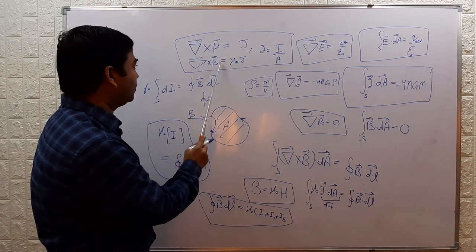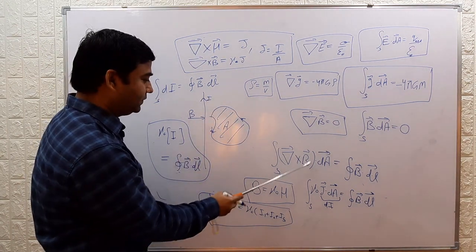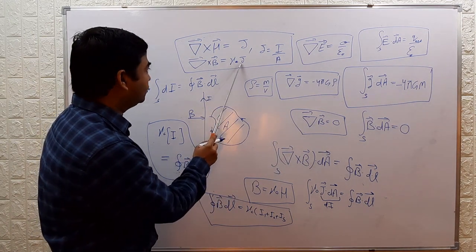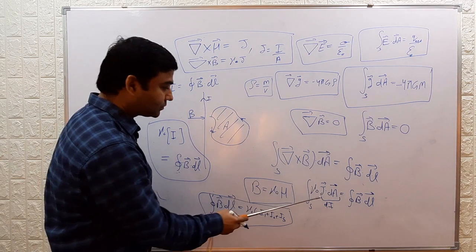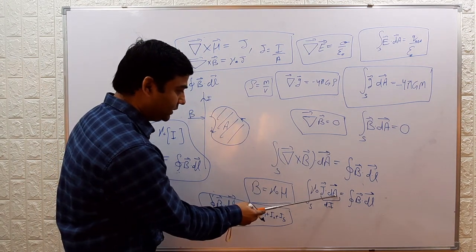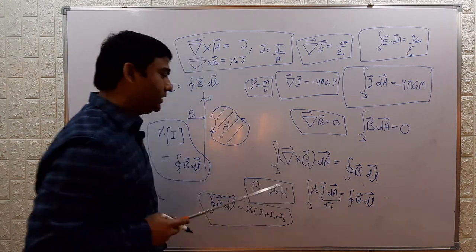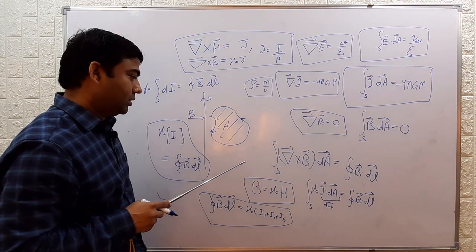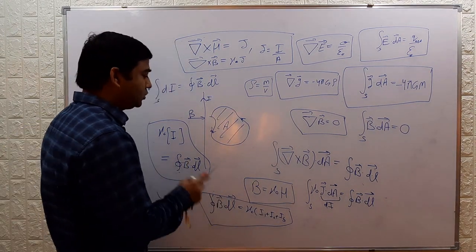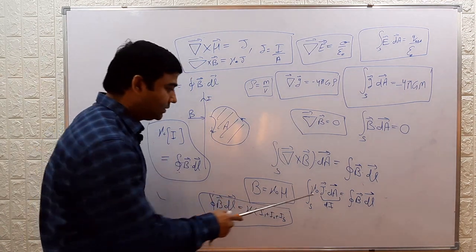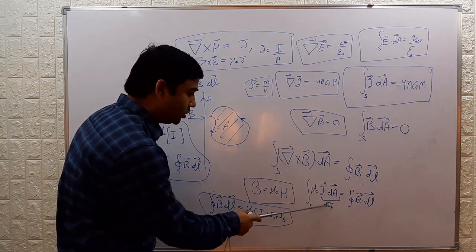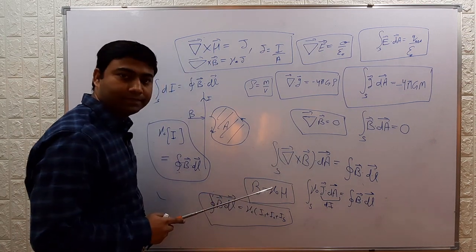Now put this curl of magnetic field equal to mu 0 J here. J is the current density. J dot dA integrated is equal to B dot dL circulation. So this mu 0 J dot dA is nothing but mu 0 dI, that is current flowing through small area dA.